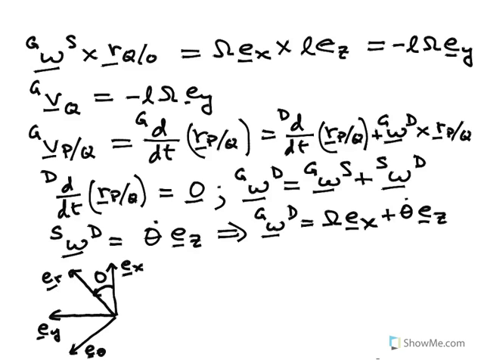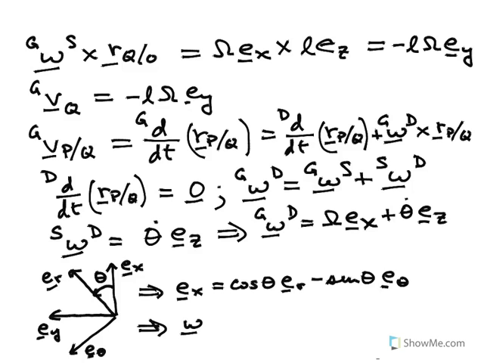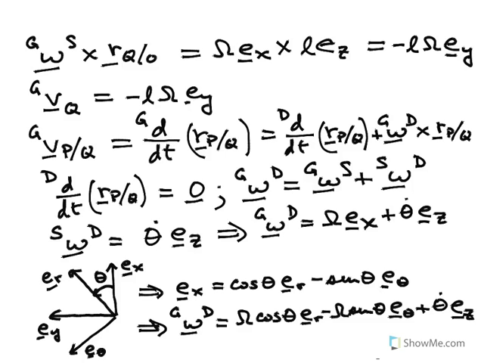And this angle is theta, which gives me that Ex is equal to cosine of theta times Er minus the sine of theta times E theta, which then gives me that the angular velocity of the disk as viewed by an observer fixed to the ground is equal to omega cosine theta Er minus omega sine theta E theta plus theta dot Ez. So therefore, we can now compute the cross product.